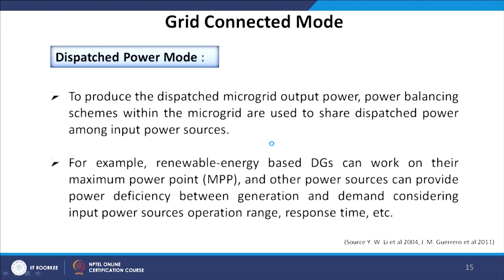For example, renewable energy based distributed generators can work on their maximum power point MPP, and other power sources can provide power deficiency between generations and demand, considering input power sources operating range, response, etc. Means to highlight, in case of AC/DC microgrid, you can control your generations to meet your main grid requirements, or you can operate them in constant or MPPT mode to simply cater to the grid or exchange your energy if it is excess.